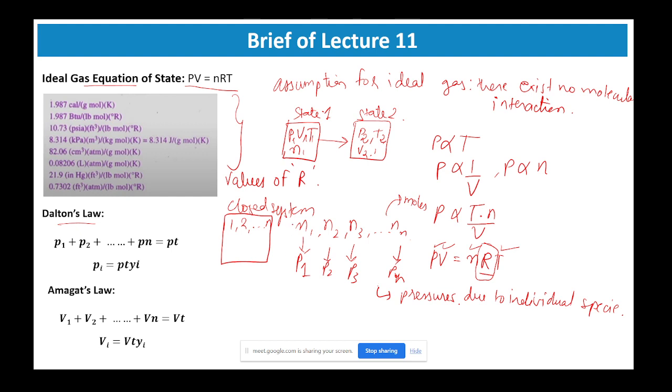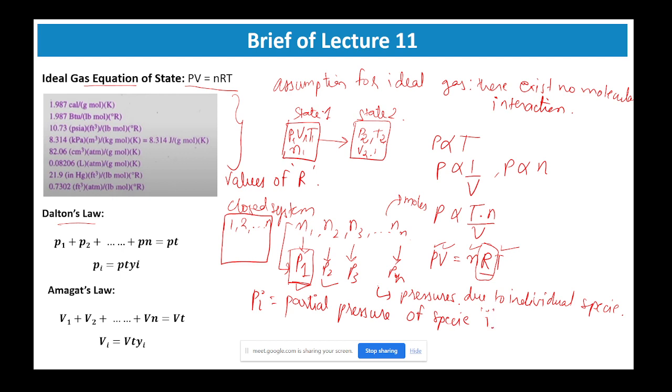The number of moles and pressure are directly related, and for a gas, pressure is also an indication of concentration, right? So say for example, if you take an individual pressure for component 1 or 2 or any such component, Pi, then Pi is nothing but what is known as the partial pressure of that species i.